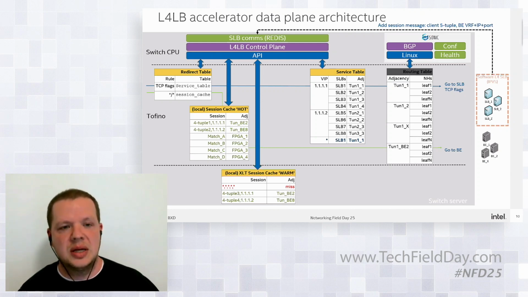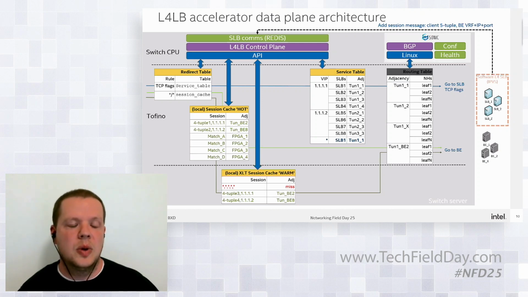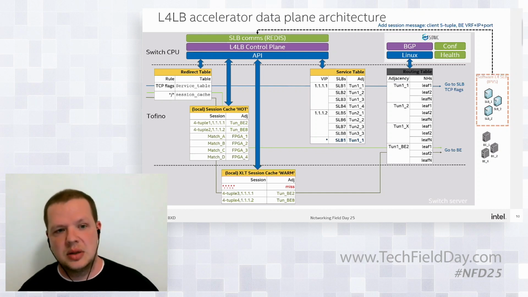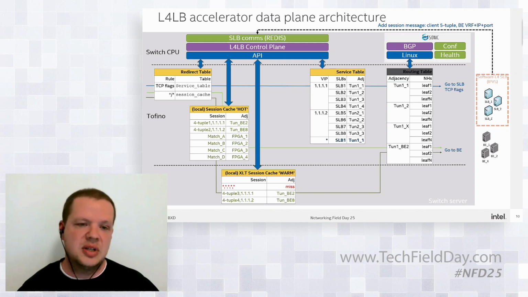And when it gets replaced, the lookup in that hot cache generates a miss, and the Tofino generates a lookup request to one of the FPGAs. The FPGA performs the lookup and returns the result. If there was a hit, the lookup result is used to send the packet to the right backend server.